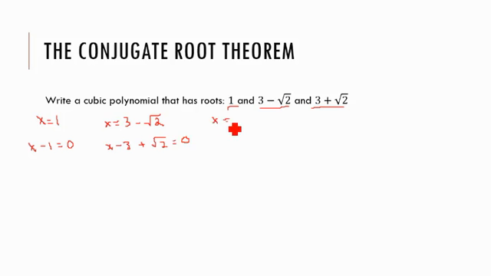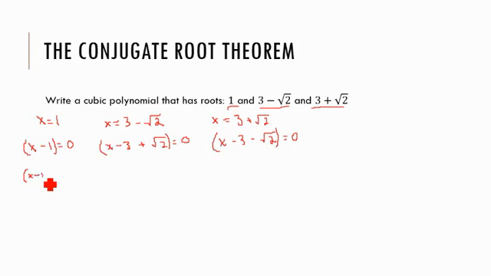And I'm also going to have x equals 3 plus the square root of 2, which is going to give me x minus 3 minus the square root of 2, also equaling 0.